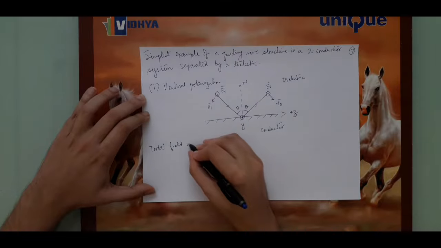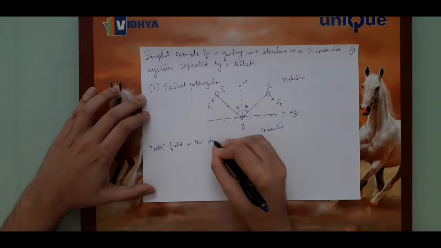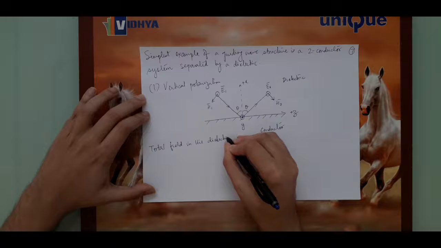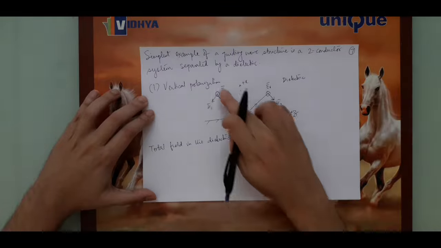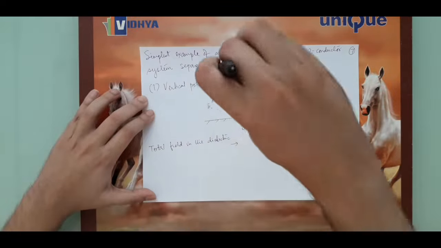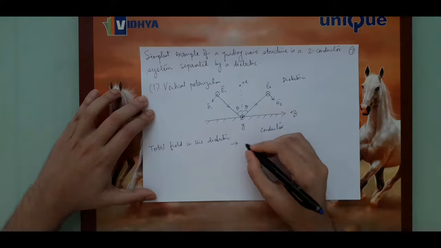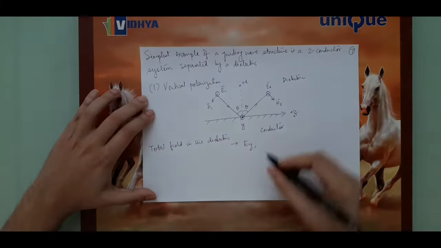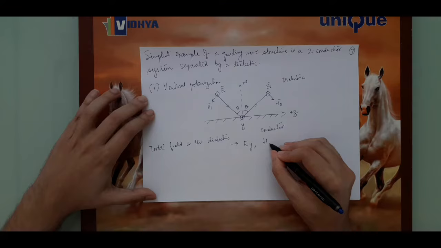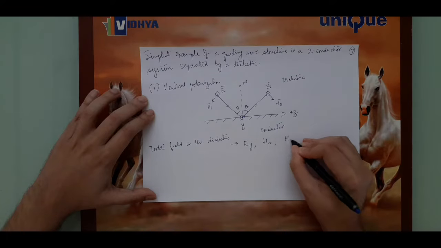So the total field in the dielectric, meaning both E and H fields, consists of three components. The E component, which is vertical, that is along the y direction, so that is EY, and H, which is lying on the xz plane, so HX and HZ.